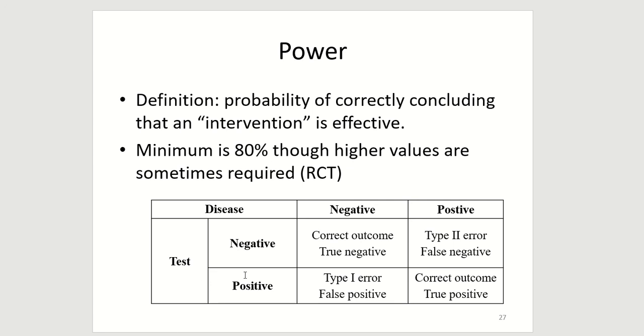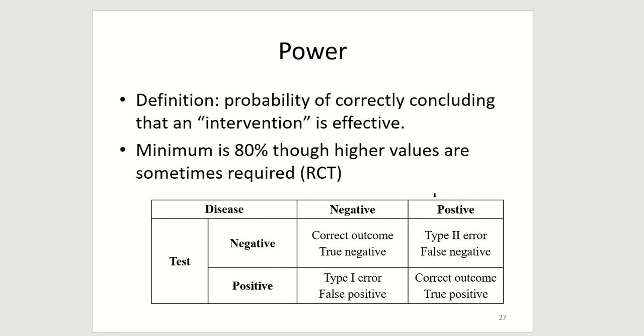I use the example of people being tested for a certain disease. So we have people coming to be tested. Nowadays we're talking about COVID-19. I hope in the future that will not be an issue. But let's say that some people actually have COVID-19 and some people do not. We test them using the PCR, and the PCR comes out either negative or positive.